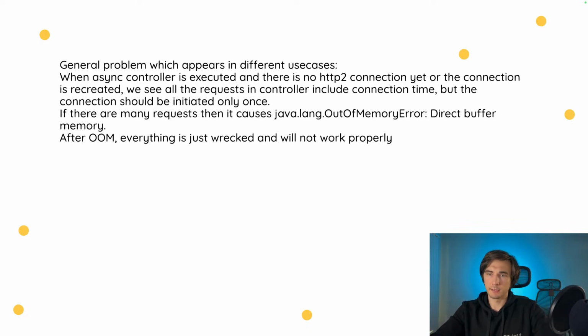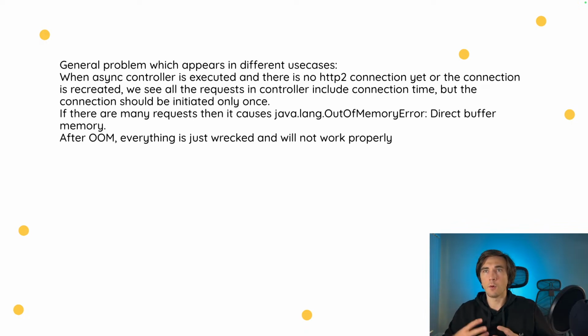When you're using an async controller with a lot of requests, and let's say you just started a test and there is no HTTP2 connection yet, or a connection is required, then the plugin, the Jetty HTTP2 client, is trying to initiate the connection for all the requests sent in parallel.